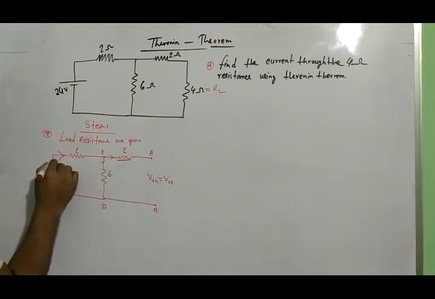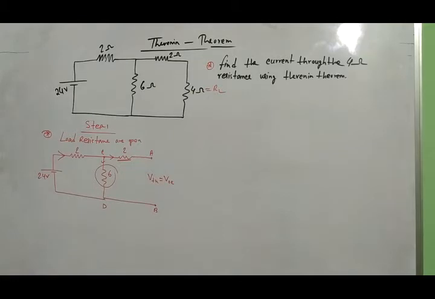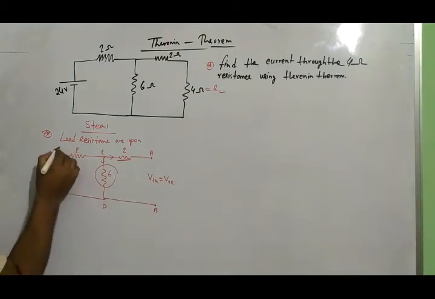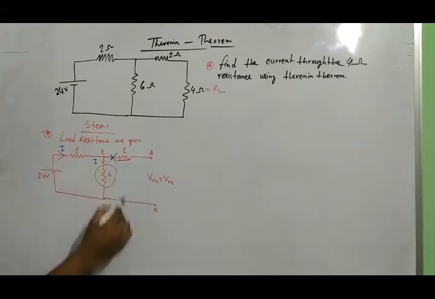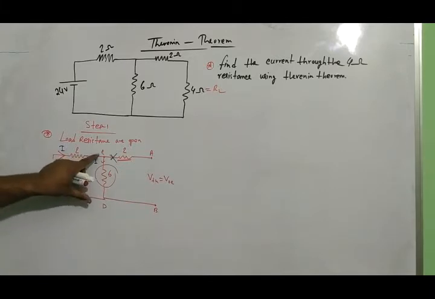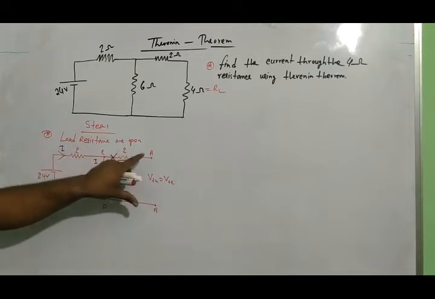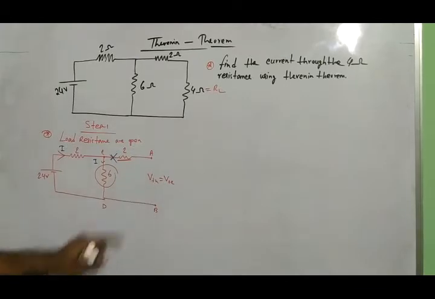The whole current will flow through the 6 ohm resistance. So if this is I, then this is also I. There will be no current flow here. If I find I, then we are able to find the voltage across CD point. And this CD point voltage is also equal to the voltage across AB point, and this voltage also equals VTH.